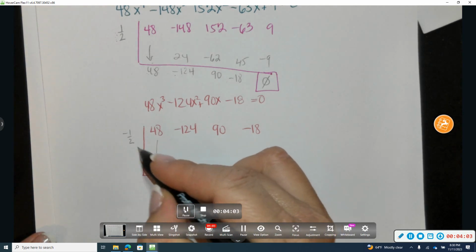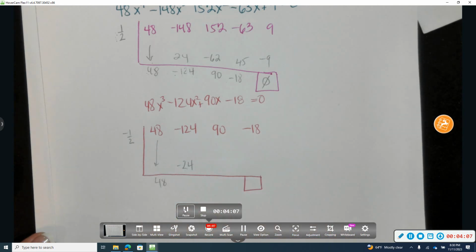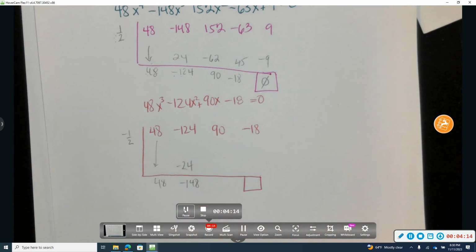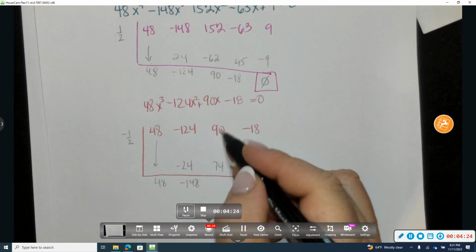Okay, so if I take 48 and divide it by -2, I get -24, combined to give a -148. Half of 148, I'm going to grab a calculator again so I can make it a little quicker for you and for me. Half of 148 is a 74. It is going to be positive because 2 negatives make a positive.